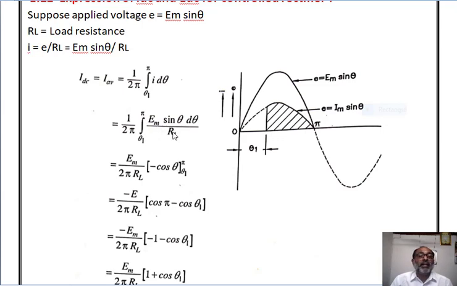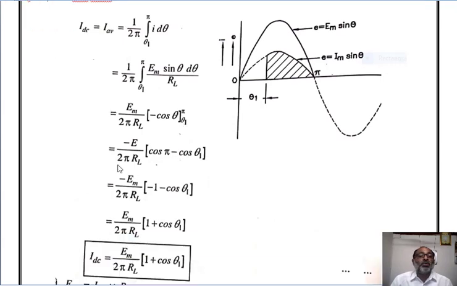So Em and RL are independent of the variation of θ, they will not affect it. So we can take them as common, so Em upon 2π RL. So the integration of sin θ is minus cos θ. So the lower limit is θ1 and the upper limit is π. Just put the value of θ is equal to π and θ is equal to θ1. So here we can take minus outside, so minus Em upon 2π RL, cos π minus cos θ1.